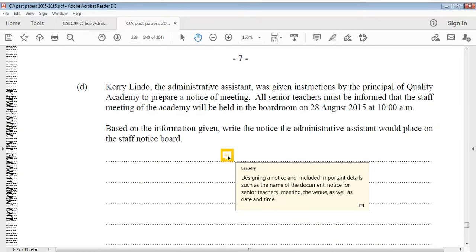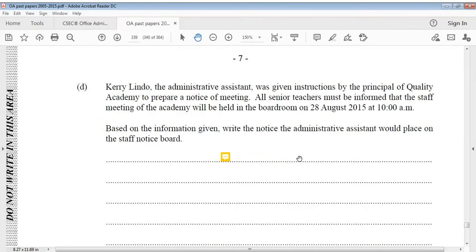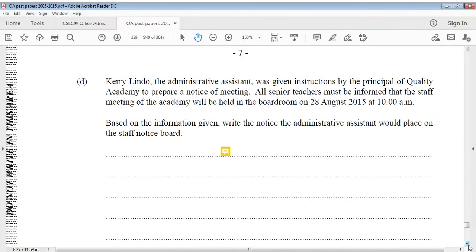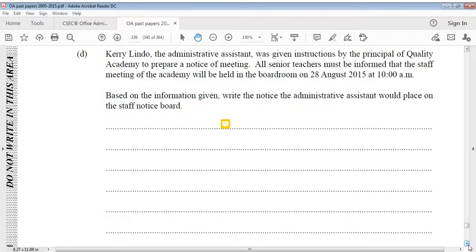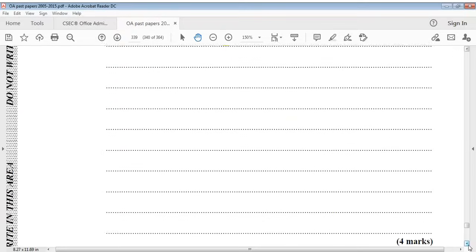So ensure that when you're writing your notice, all those things are included. The name of the document, ensure notice for senior teachers is included, senior teachers meeting, the venue, as well as the date and the time. So those things are what you should ensure are included in your notice. All right, so you could write that up.